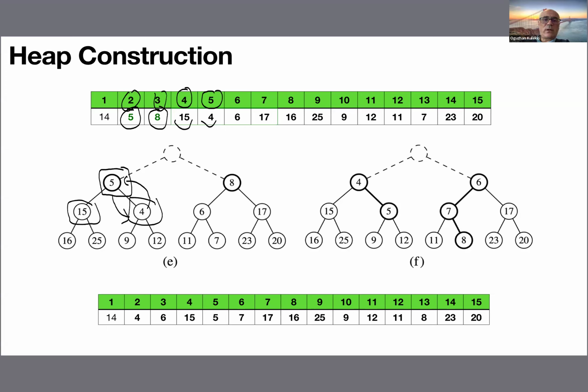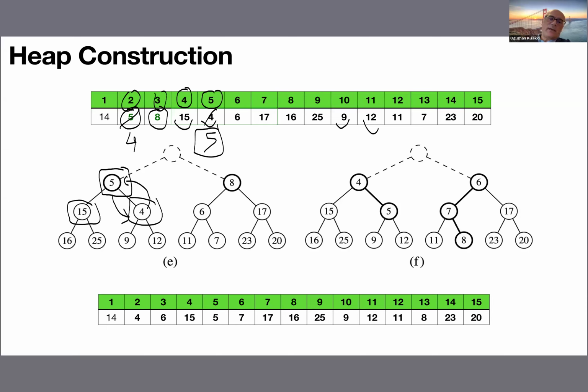So now it is 4 and it is 5. Since I have updated this one, I should check its children. Who are the children of position 5? It is 10 and 11, so they have the 9 and 12 values. And 5 is less than these guys. So it is fine. You are done.